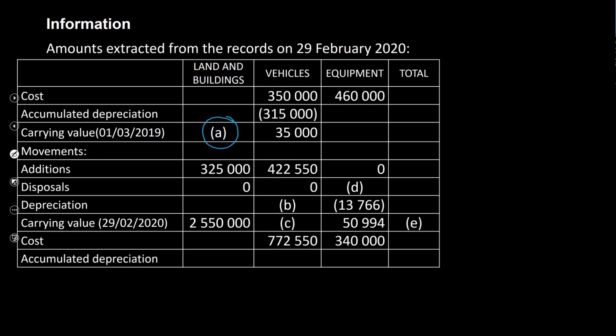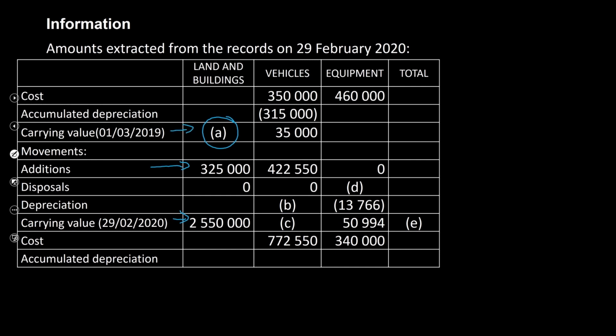And you can clearly see that you are given information in terms of additions. There was an addition of 325,000 during the year, and you have a carrying value at the end of the year of 2,550,000. You are expected to calculate that missing figure, namely A.